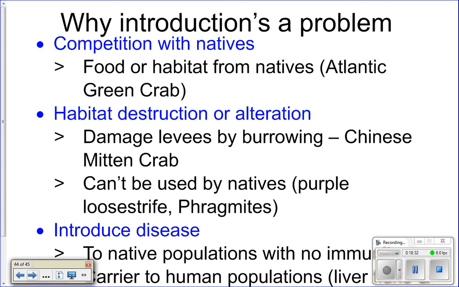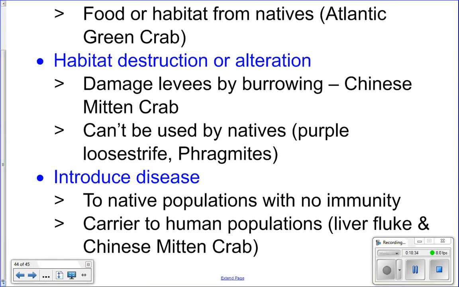So it's a problem. Also, you can have diseases introduced by invasive species. Some of these can be diseases that affect humans. So we actually have liver fluke that comes in the Chinese mitten crab, and we can't eat the Chinese mitten crab because it carries this liver fluke and we could get sick from it.